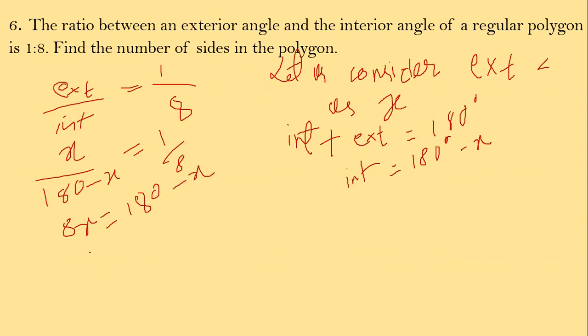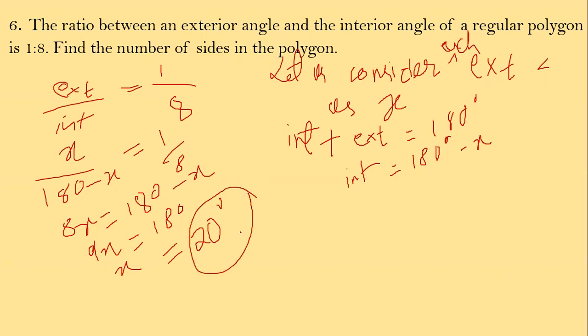Okay, so that will give you 9x equals 180. Okay, and x will be equal to 20. 180 divided by 9 will be 20 degrees. So each exterior angle is x degrees, and therefore it is 20 degrees, right?